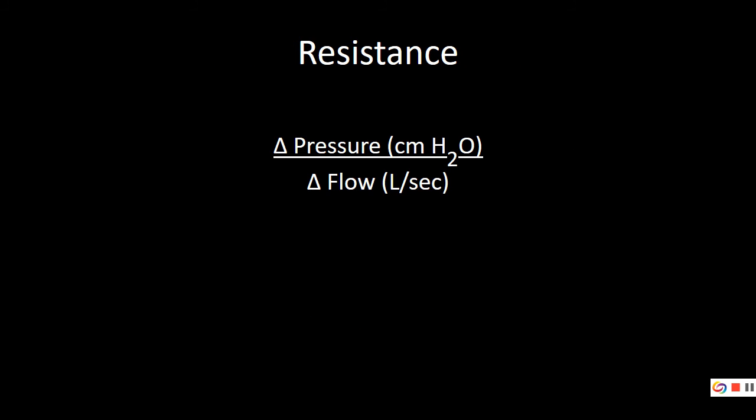What's resistance? So resistance to airflow is the change in pressure over the change in flow. So normal lungs have, and I'll confess I don't have these units memorized for resistance and compliance, 20 to 40 centimeters of water pressure per liter per second is normal resistance. What about a baby with RDS?